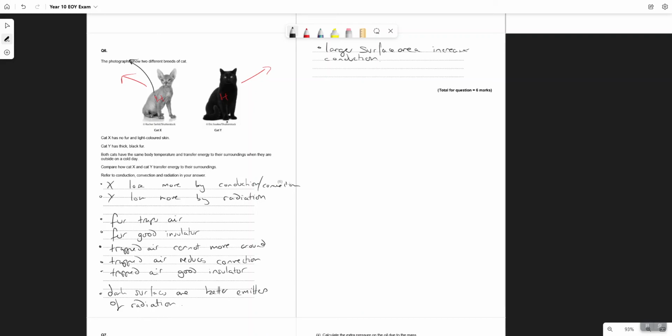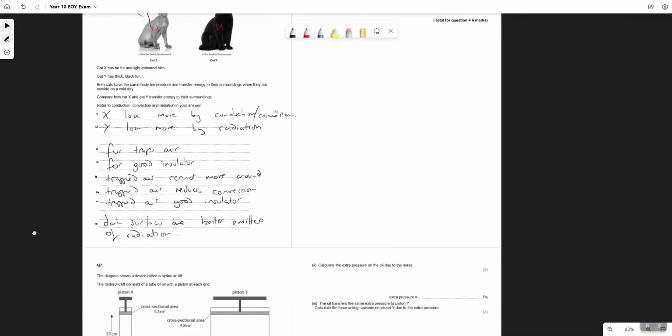Well, for the white cat, it's just the little cute lumps on its paws. Everything else is covered by fur, so there is no direct contact. So the surface area of this cat in direct contact with the floor in terms of exposed skin is very small. This one, all of it is touching. So that's the comment about the conduction and the surface area. No marks at all if you refer to absorbing of radiation, because this is all about emission. Okay, so there we go. That's what we can talk about there.